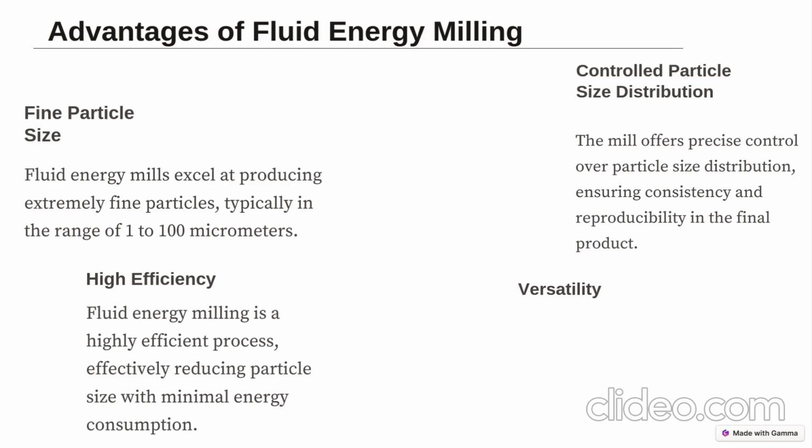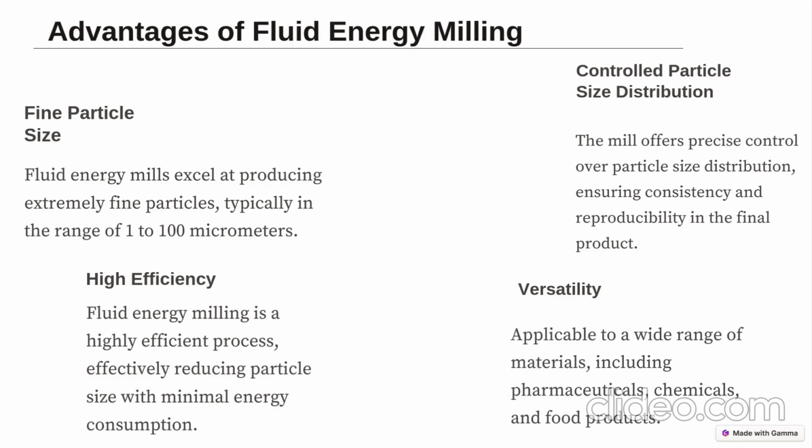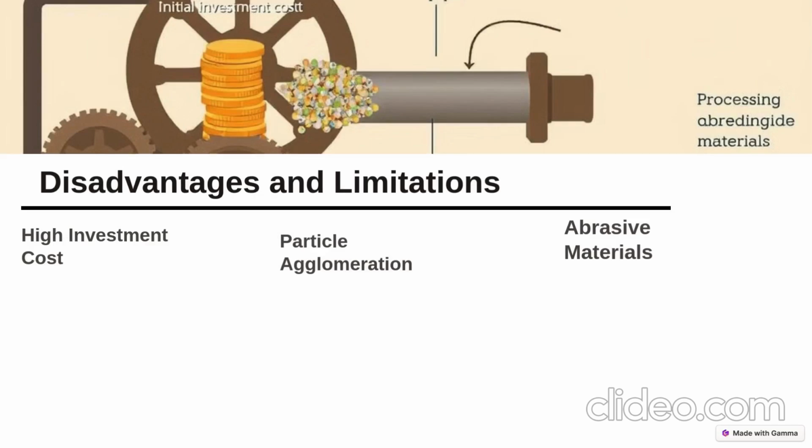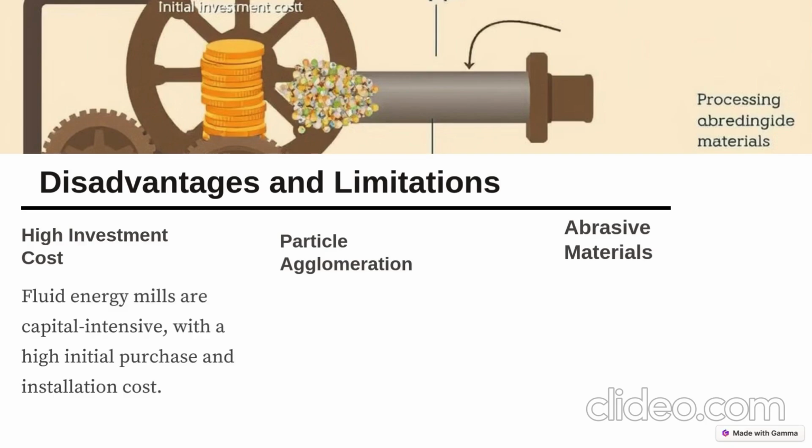And the next one is versatility. The fluid energy mill is applicable to a wide range of materials, including pharmaceutical products, chemicals and food products. Disadvantages of fluid energy mill. High investment cost. Fluid energy mills are capital intensive, with a high initial purchase and installation cost.